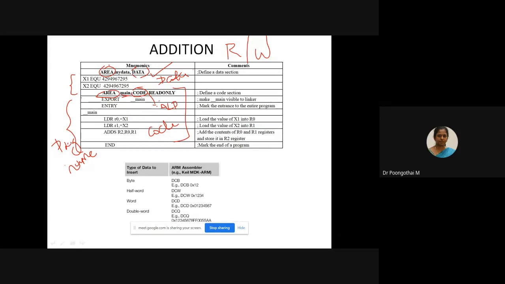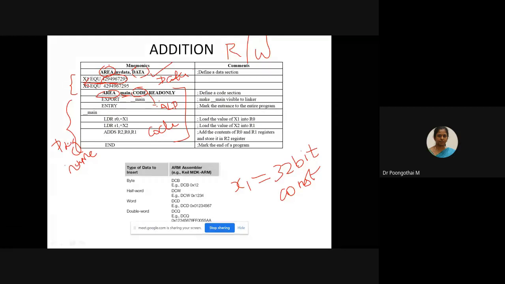The purpose of this directive is to give a symbol name to a numeric constant, which means this 32-bit number is assigned to x1, that is, x1 is equal to a 32-bit numeric constant, and x2 is equal to a 32-bit numeric constant. In this way, we can define our data in the data section.